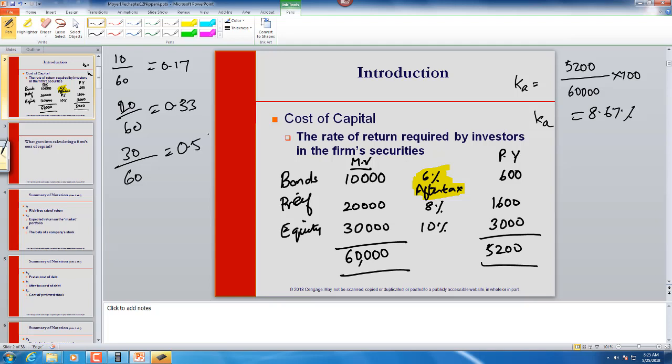Now, these are the weights, each one as a percentage of the total. You can use this another way to calculate cost of capital.